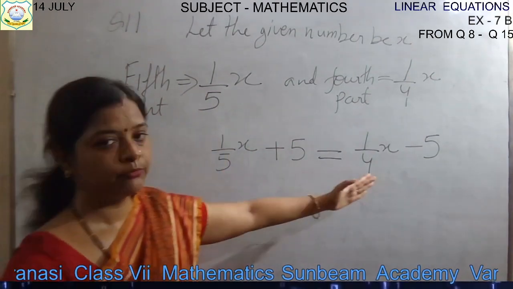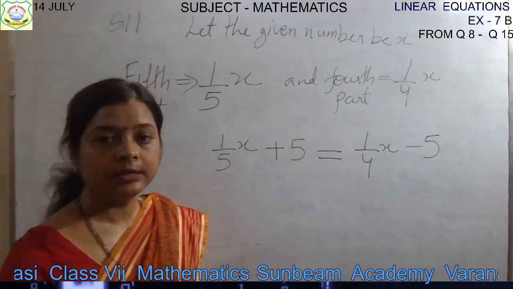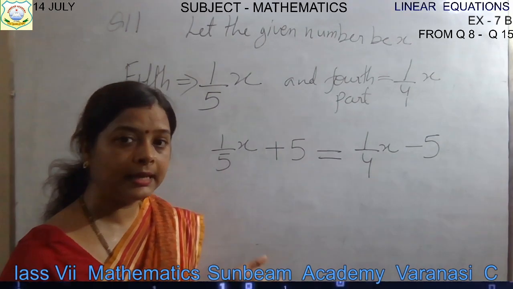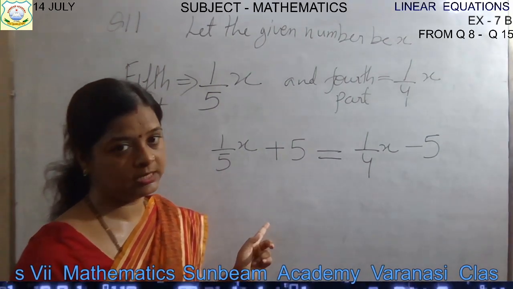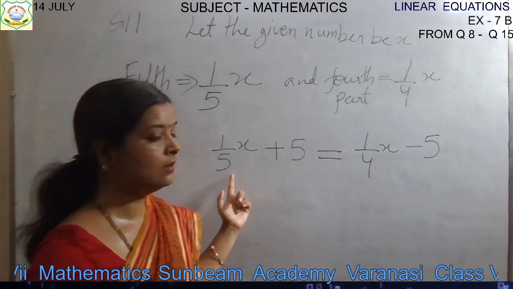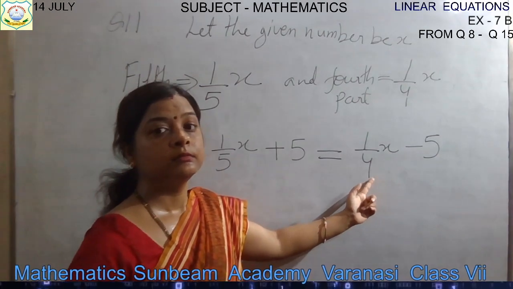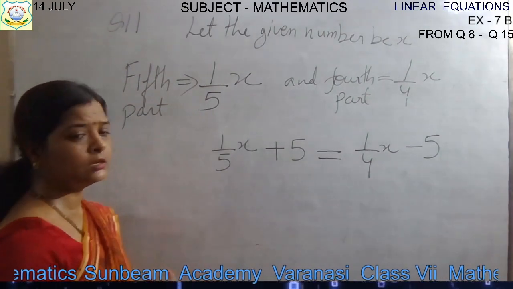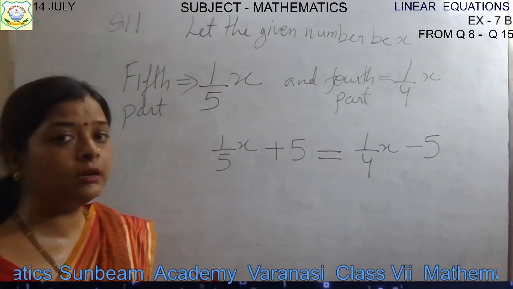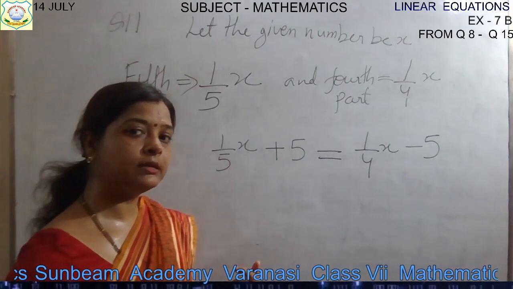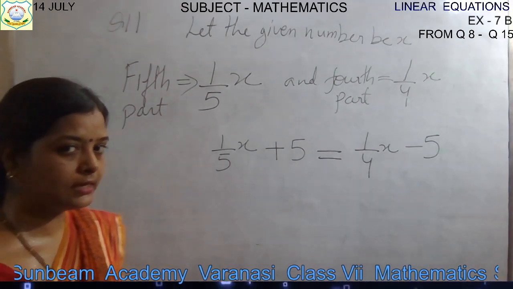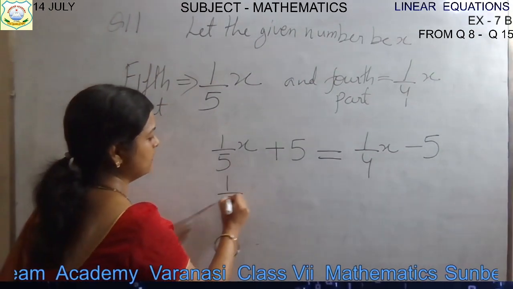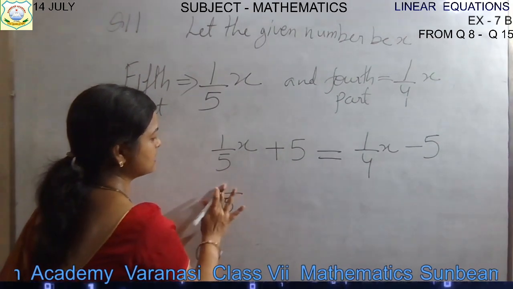Children, there are a few denominators. You can solve in that way also. Collect the denominators, take the LCM, multiply it on both sides, so that we can delete these denominators. Or you can transpose the variable term on one side and the constant term on the other side. So I am transposing it, children. Let's transpose 1 by 5 x, which means x by 5.